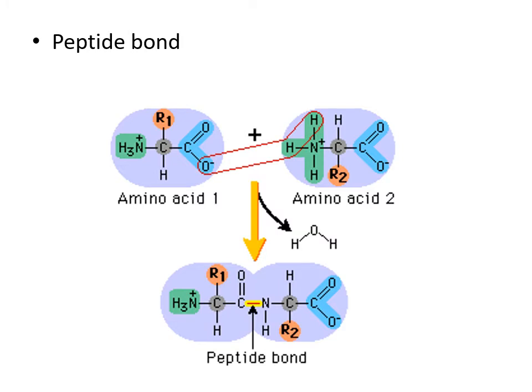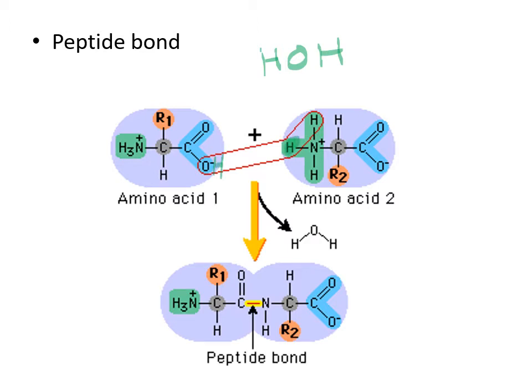So the bond that's going to be holding these together, so here's looking at the zwitterion version of it, but essentially we need to take an oxygen, a hydrogen, and another hydrogen away from these two amino acids. And if you want to think of it as not being the ionized version, you can imagine the hydrogen is there instead of here.